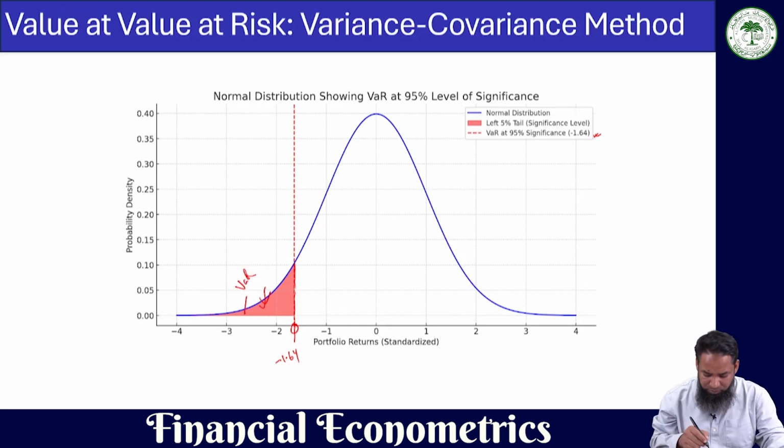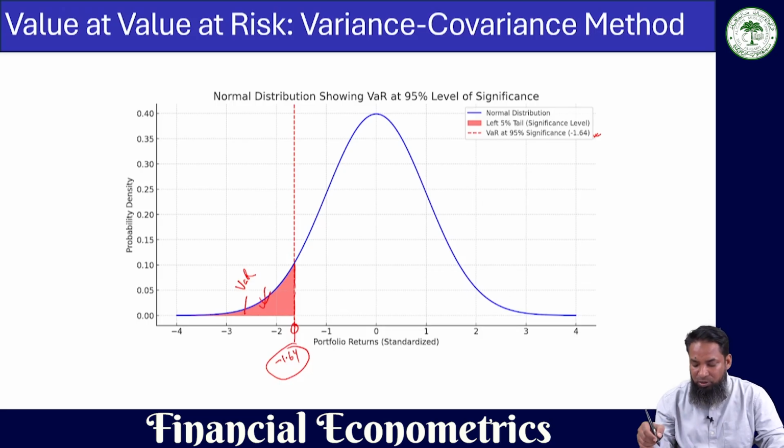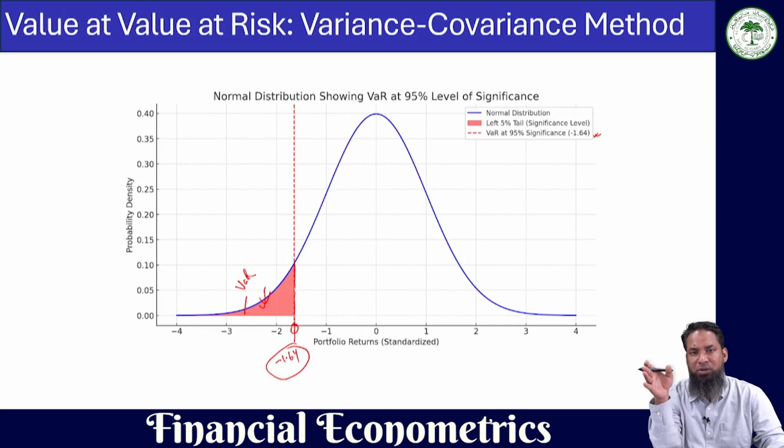And we get this value from the z distribution of the normal distribution. So, in case of normal distribution, we use the value of z to identify the value at risk, because we know what value we can get from the normal distribution for every confidence interval level.